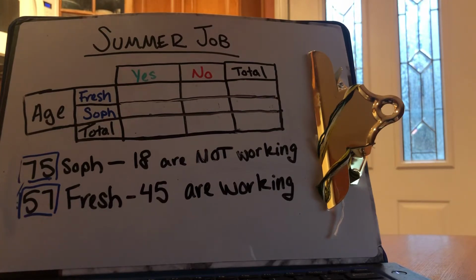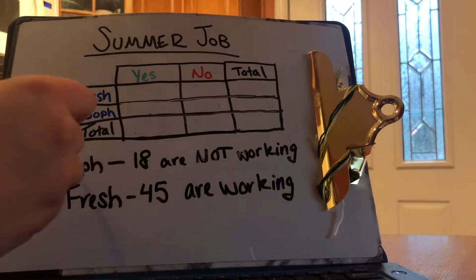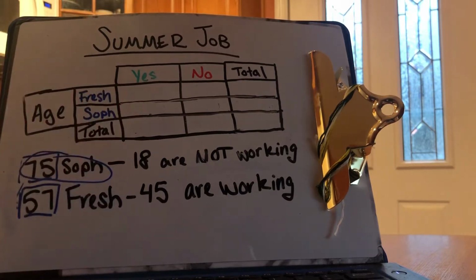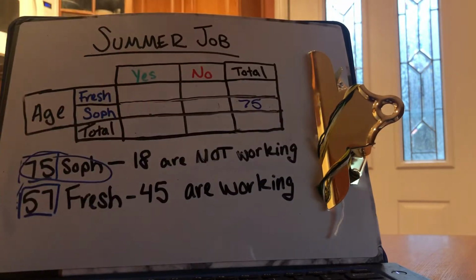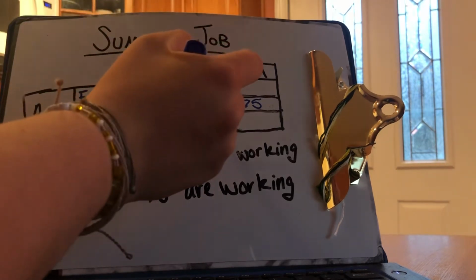So let's start with 75 sophomores. So this piece first, 75 sophomores. So that's total, right? That's total for the whole survey. There were 75 sophomores. So I can go to the sophomore column and go to total, where I will then write 75. So that would be my total there. It says 18 are not working. So in my no column for sophomores, I'm going to put 18.